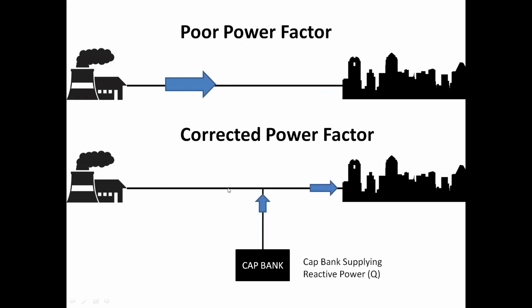So therefore, not all of that inductive load will be seen by the utility plant or the generating plant, which reduces the current that flows through the system, flows through the transmission line, reduces power losses, and overall increases the power factor.